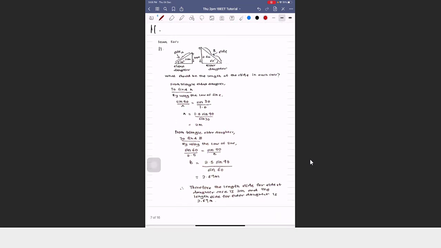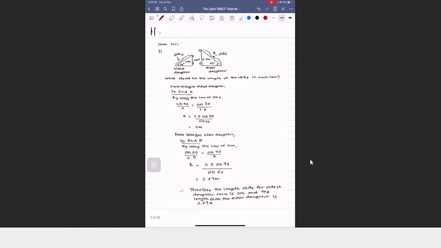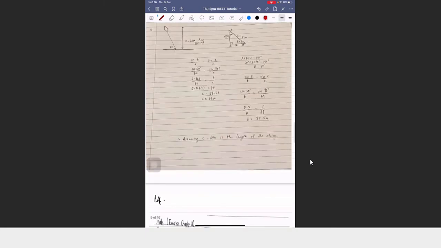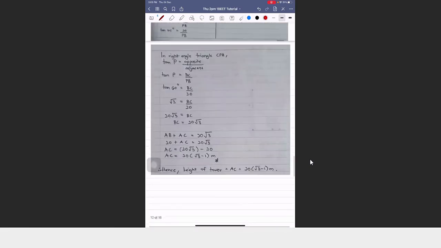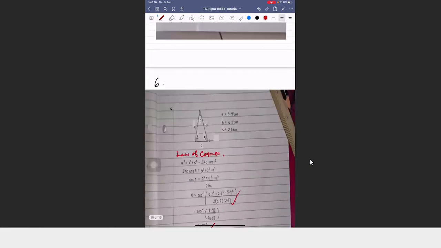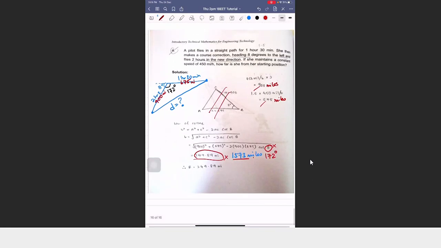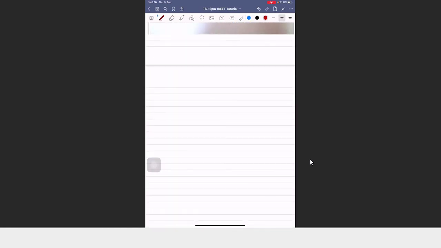All right, before I look at this question 11, I want to talk about what we call the angle of elevation and inclination. You have this terminology: angle of inclination, or inclination angle, or sometimes they use the word elevation.